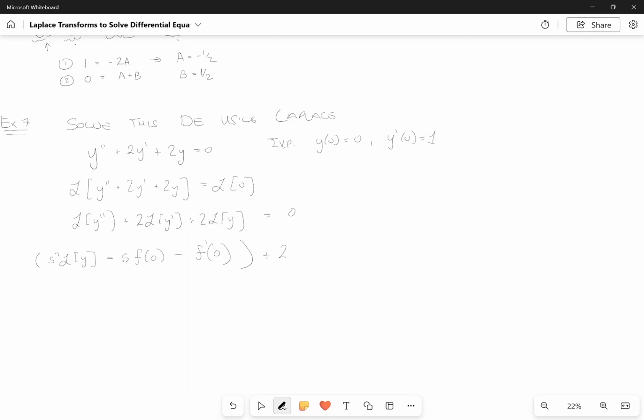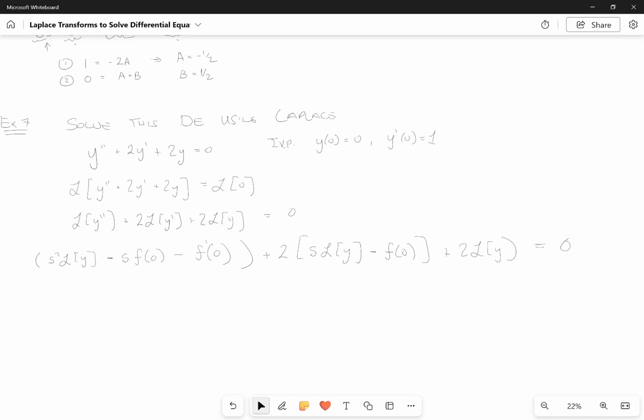Plus 2 times the Laplace of y prime, which is s Laplace of y minus, now the s's are going down, so it's s to the 0, which is just 1, and the prime is not going up that far, it's just f at 0, plus 2 times Laplace of y equals 0.